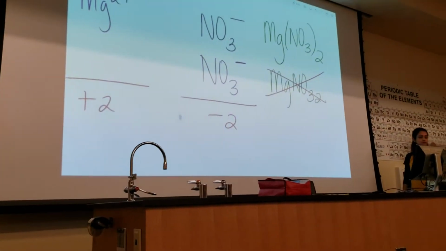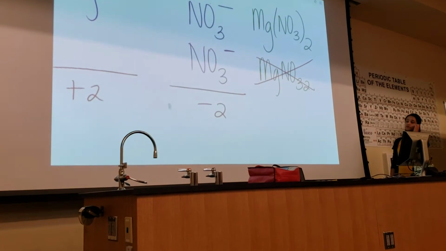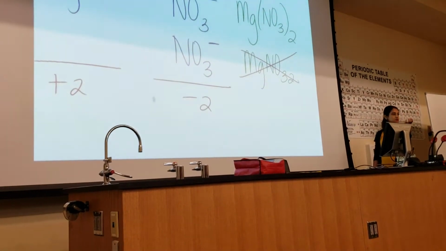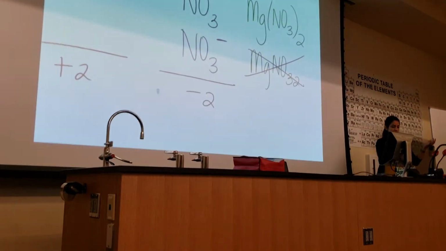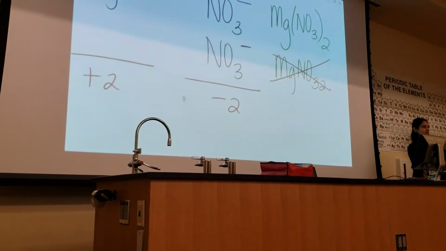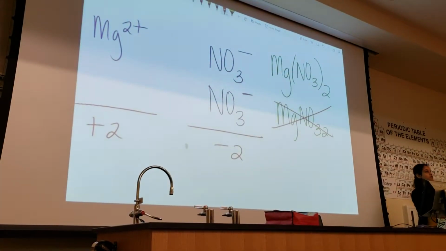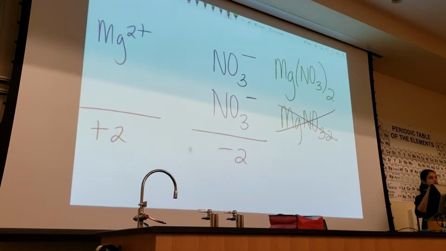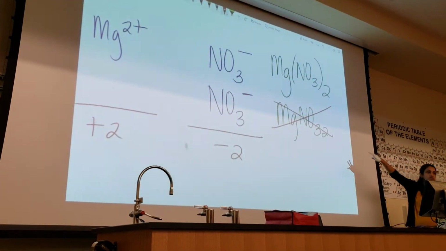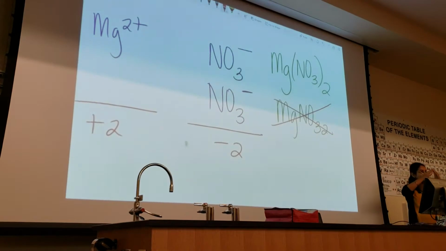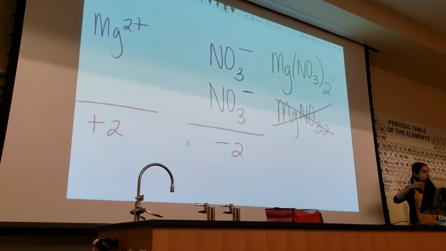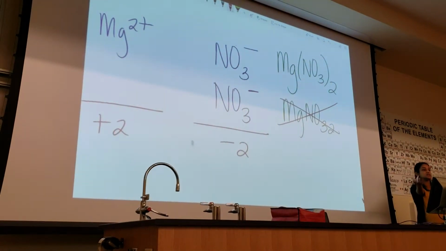In solution, magnesium nitrate acts very similar to salt. You have water, you can put magnesium nitrate into it, and magnesium nitrate will dissolve. When anything dissolves, it breaks apart into its ions. So when it breaks apart, you have magnesium and nitrate. Nitrate stays together like that, it doesn't separate.